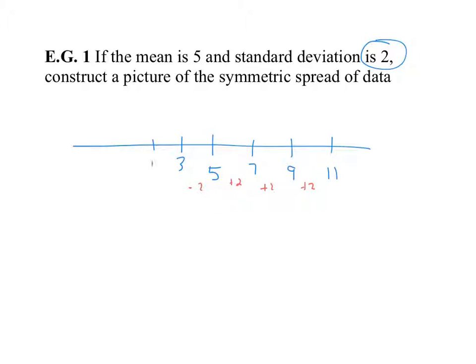And then we subtract 2 again to get the next mark, and then subtract 2 again to get the last third mark below the mean. So our standard deviation helps us figure out how spread out we make our markers. We go every 2 units above, and in this case, every 2 units below the mean.